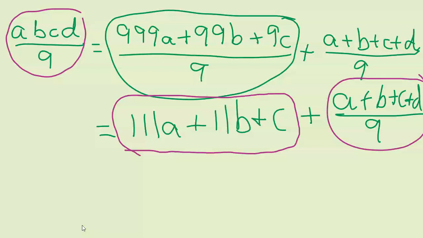But that's saying that the divisibility of the initial 4-digit number by 9 is entirely based on the sum of the digits, A plus B plus C plus D, being divisible by 9. And that, my friends, is the divisibility test for 9, which we have just proven for a 4-digit number.